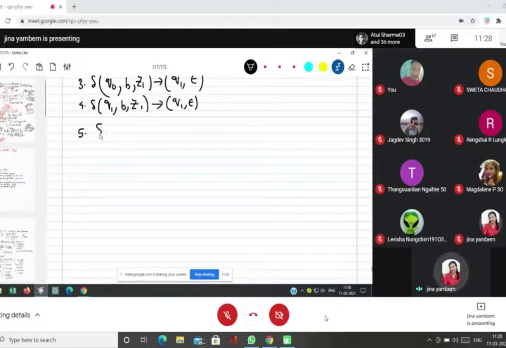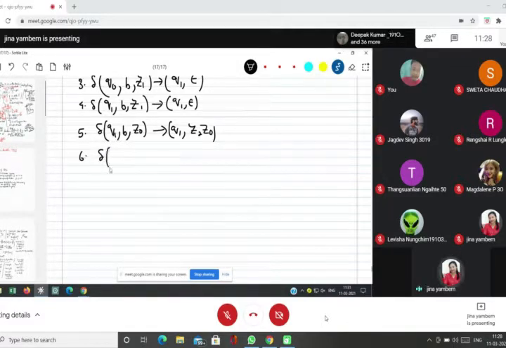Number 5: delta(q1, b, Z0) = (q1, Z2 Z0).